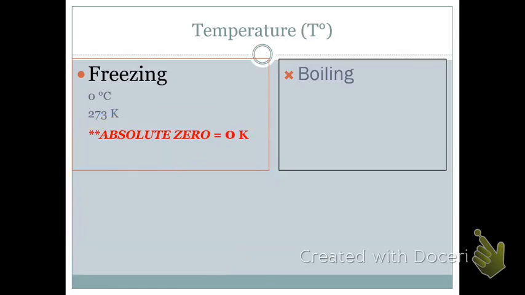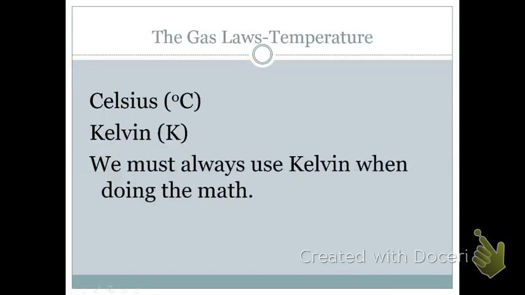All right. The boiling point for degrees Celsius, you know by now, is 100 degrees Celsius. And if we put it in K, since that's degrees Celsius, we add 273, and that is going to be 373 K, okay? And then the rest of this, I think, is a little more review for you. Celsius, the symbol is degrees C. Kelvin, the symbol is K. Note here, we always use K when doing the math.